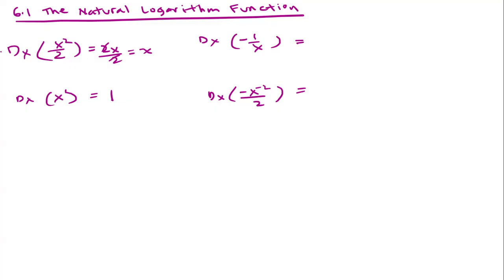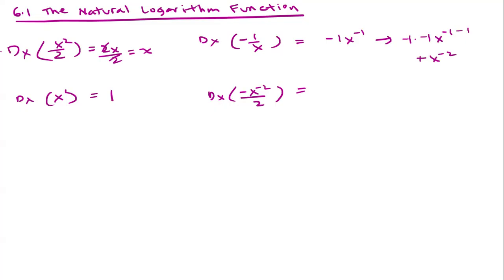When we take the derivative of this one, we can rewrite this as -1 times x to the -1. And when we take the derivative of that, that's going to give us -1 times -1 x to the -1 minus 1, so that gives us a positive x to the -2.